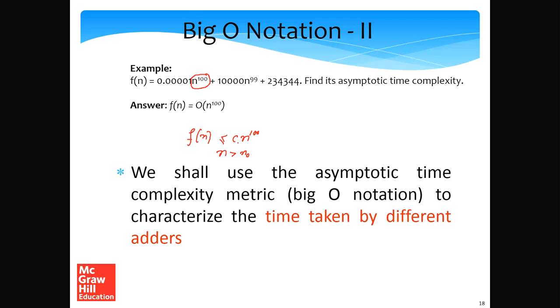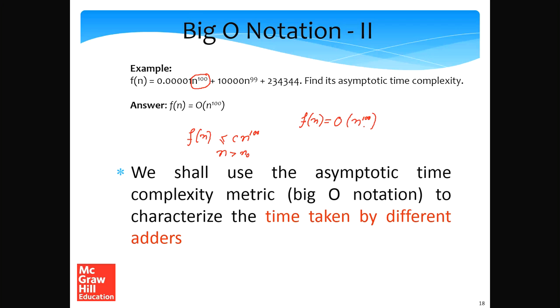If I set c as 10,000, so 10,000 n to the power 100 is more than this term, but again these two terms will increase. But that's okay. If I keep on increasing the value of n, ultimately I'll find some value of n0 and c such that this function is less than c n to the power 100 for all values of n. So hence we can say that fn is equal to order of n to the power 100.